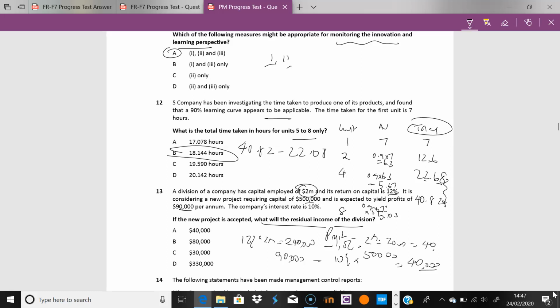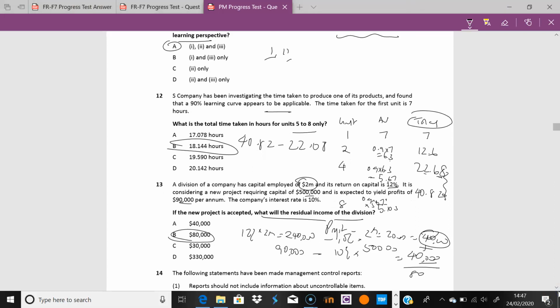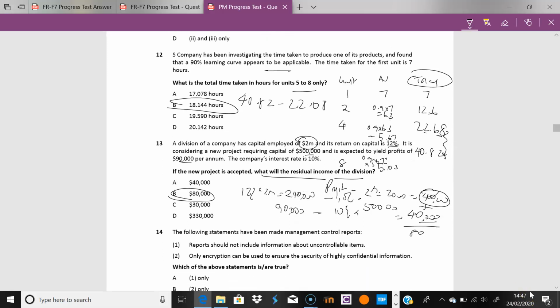So here as well, the residual income was 40,000. So both of them together give you a total residual income of 80,000. You could have added these together and then done it that way. But the key point here is that residual income is the difference between the actual profit minus the benchmarked rate that we expect, if you like.